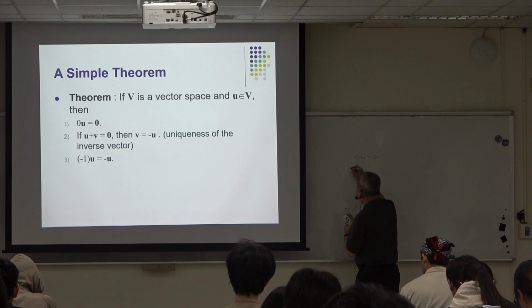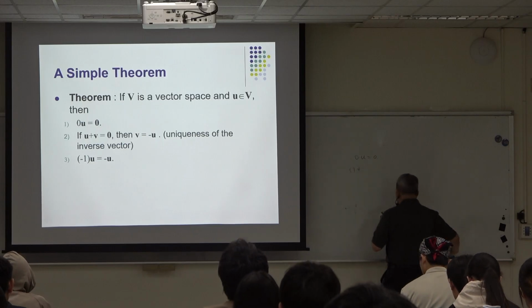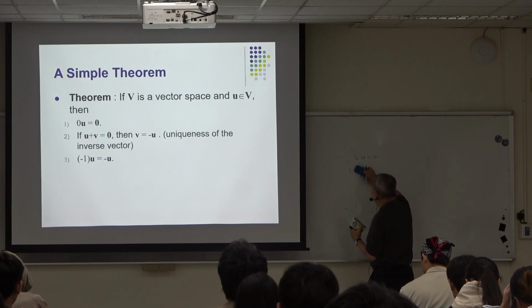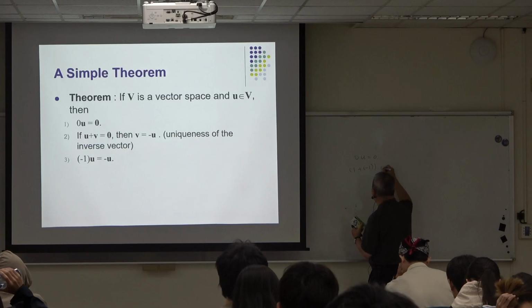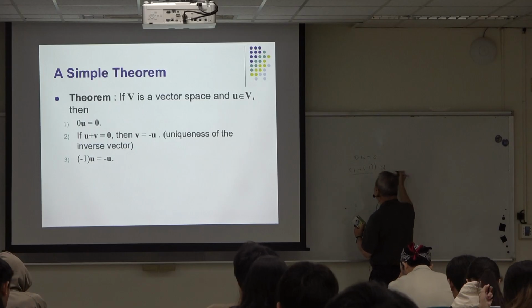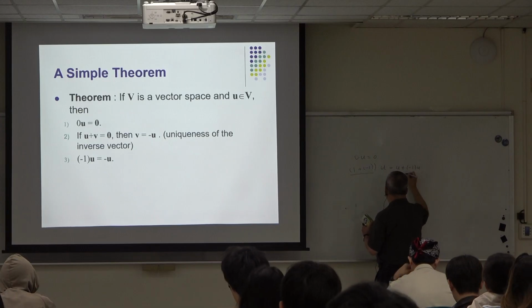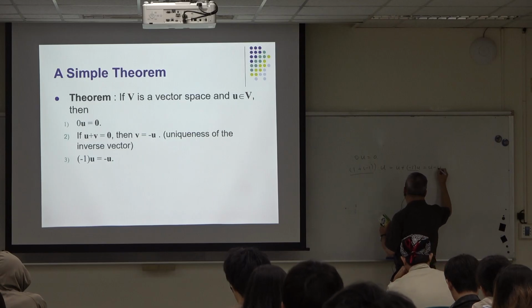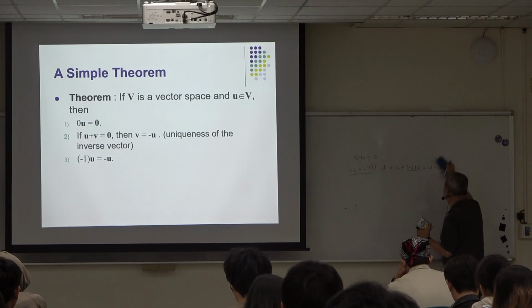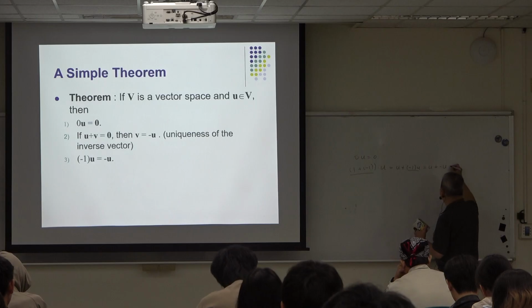So 0 times u, it could be 1 plus, or 1 plus negative 1. Okay, it will be u plus negative 1 u. So this one is already, we already proved that. Okay, and so this one is 0.